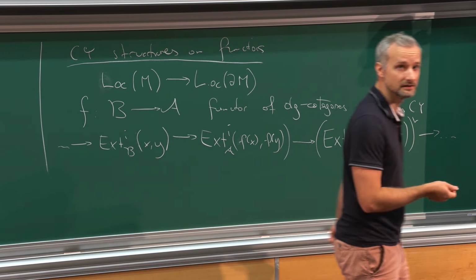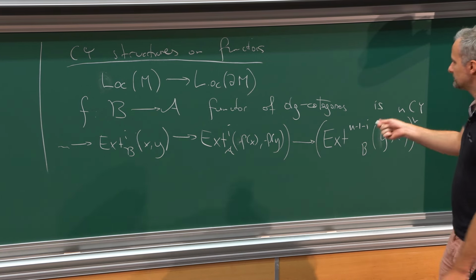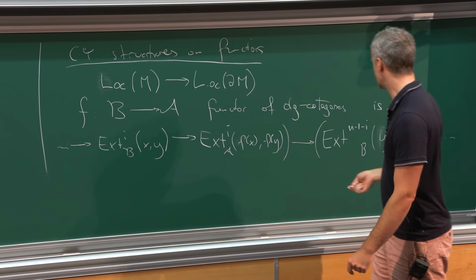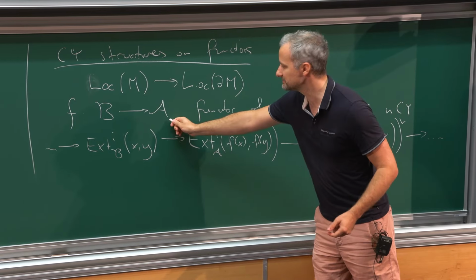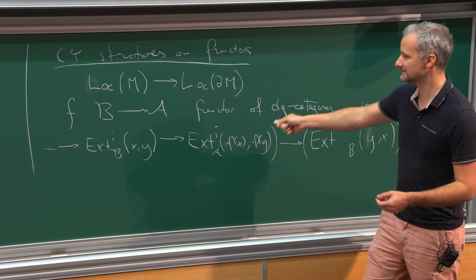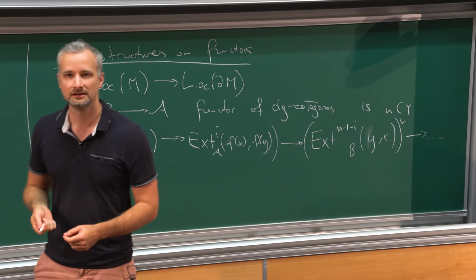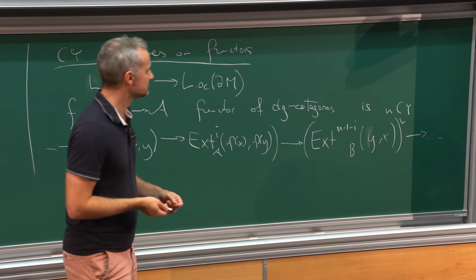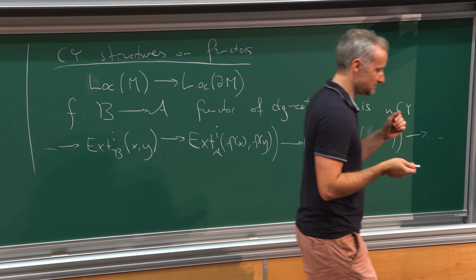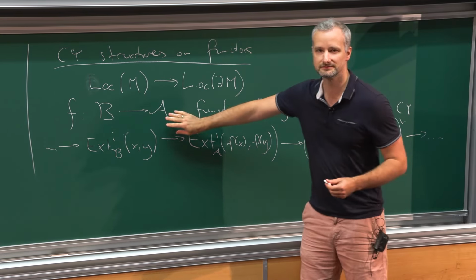So does this imply that the target is n minus 1 Calabi-Yau? Yes, the way I define it, part of the data is an n minus 1 Calabi-Yau structure on A, plus a coherent square that gives you this long exact sequence. I think maybe there's some version of the definition where you don't automatically assume that this is Calabi-Yau, but I'll want that.